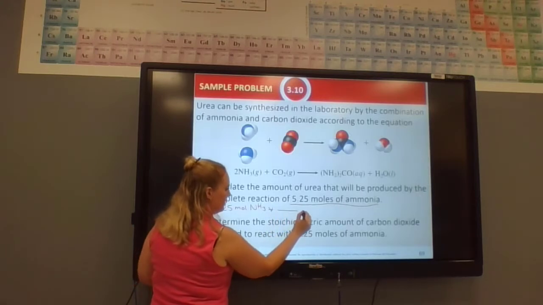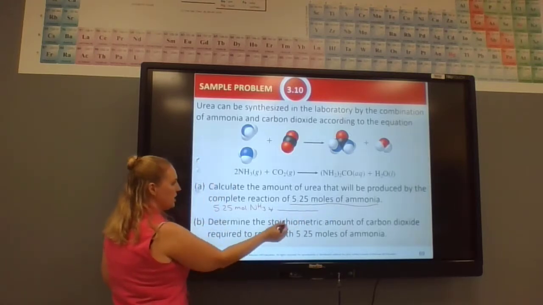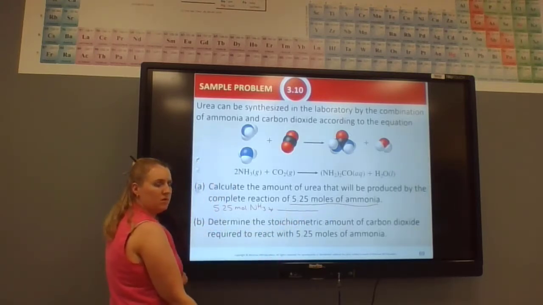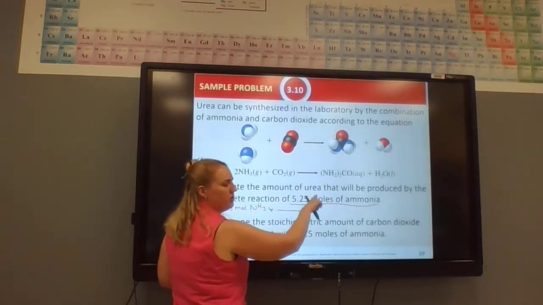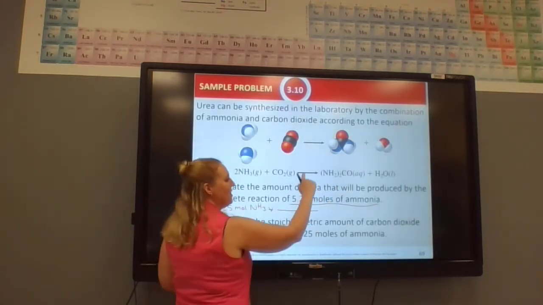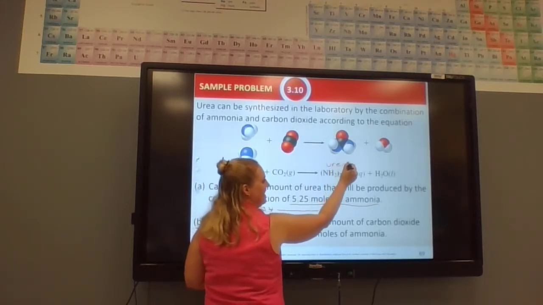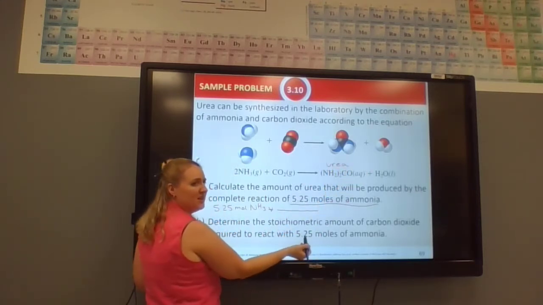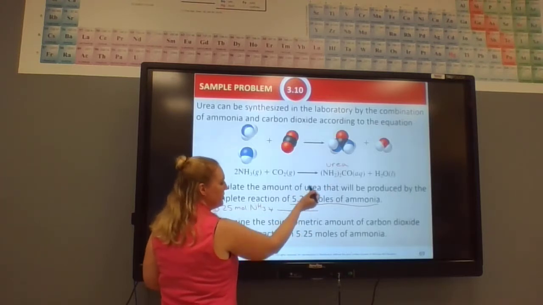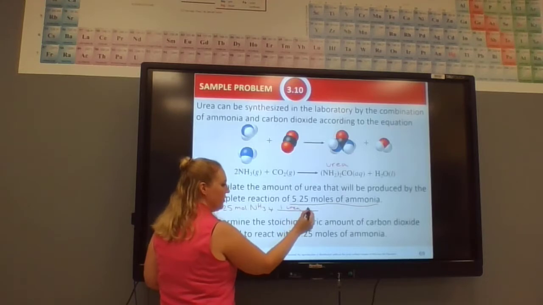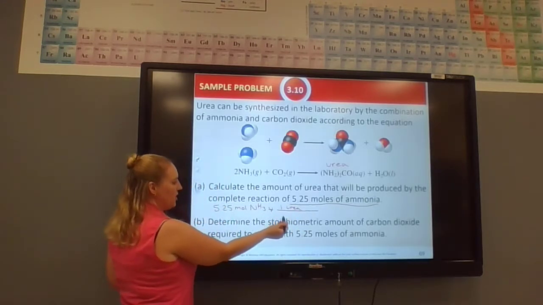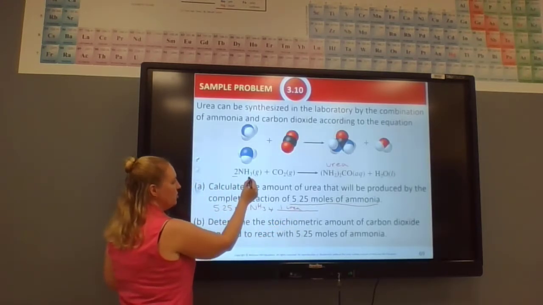So when I put my ratio, what's going to go on top? You can just say urea if you don't want to count it off. Yeah, the urea. How many ureas? 1. There's an understood 1 here. So 1 urea, and on the bottom, what would go? 2 NH3s.